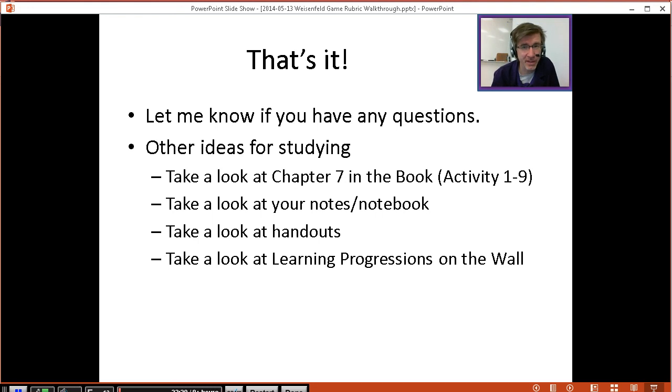Take a look at chapter 7 in the book. http tiny.cc Mr. W book, all one word, MRWBOOK, to get to the book for this class. Take a look at your notes in your notebook. Take a look at the handouts that we've been doing, and take a look at the learning progressions. That's the standards that we've been covering for your final.